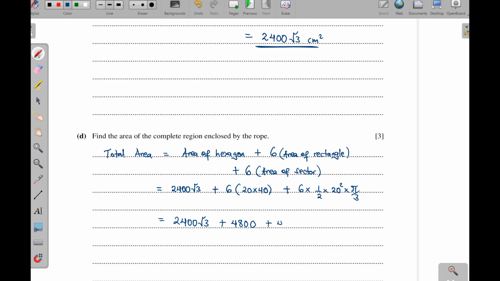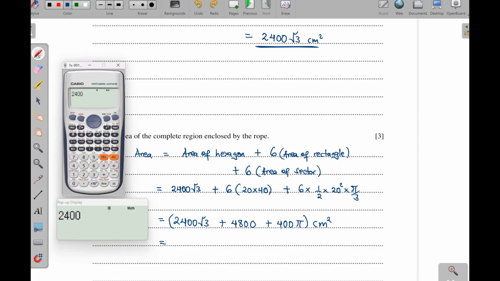So plus 400 pi. If they had asked for the exact value, then this would be the exact one here, centimeters squared. But we can write to 3 significant figures: 2400 root 3 plus 4800 plus 400 pi.